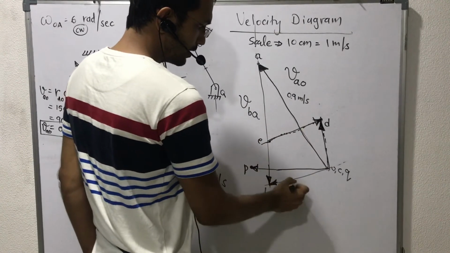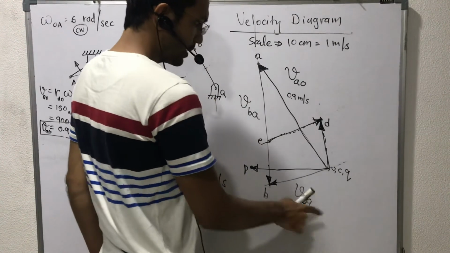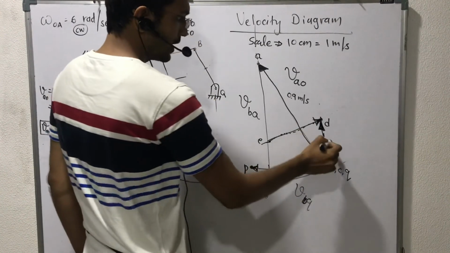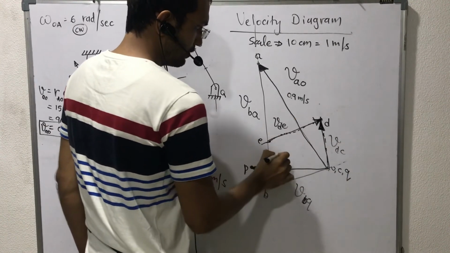Likewise here it is VB, that is absolute, or VBQ, again absolute, Q is fixed. Likewise VBC, VBE and VPC.